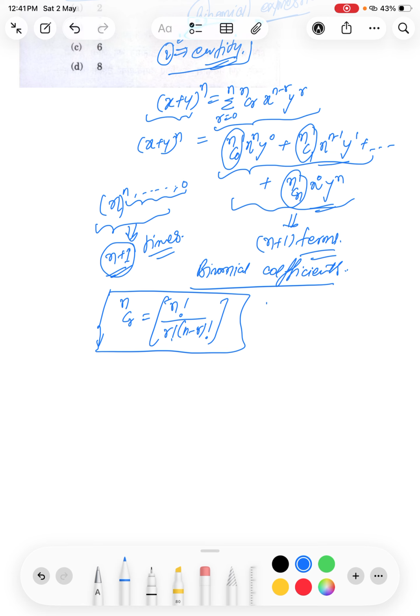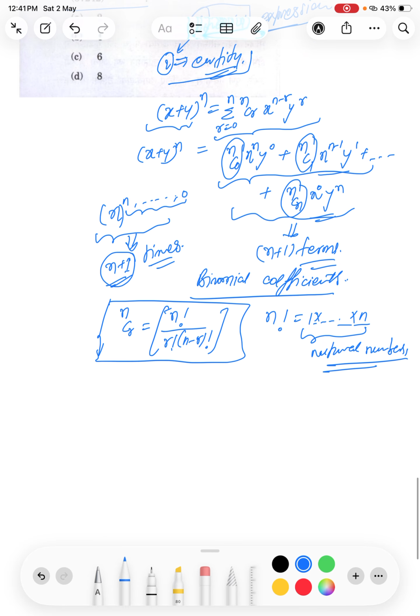For those who have not come across this factorial expression, factorial n implies multiplication of all the natural numbers coming before n, and also including n. So this is what it is, right? How is this expression useful? We'll just see.